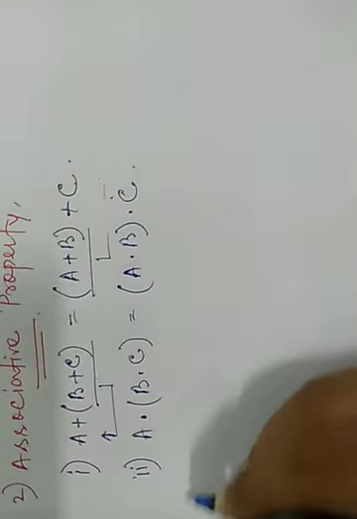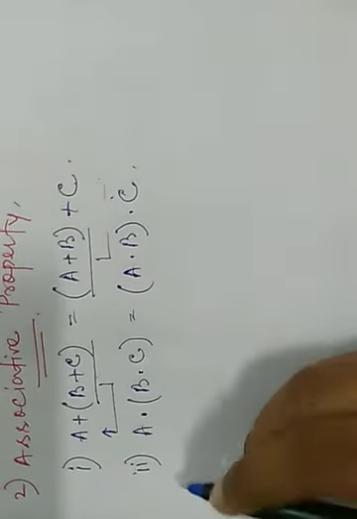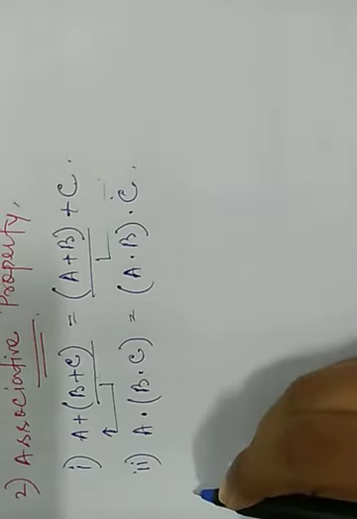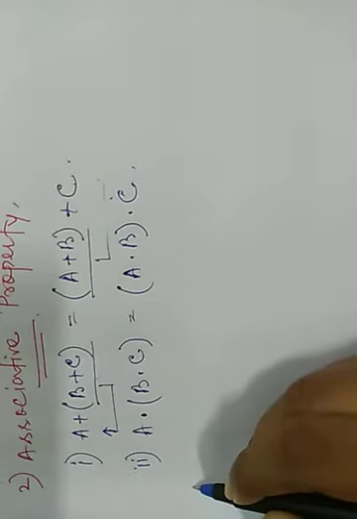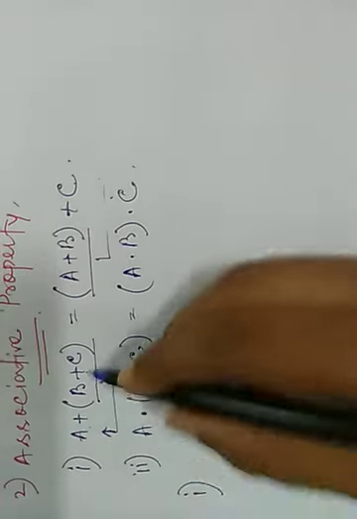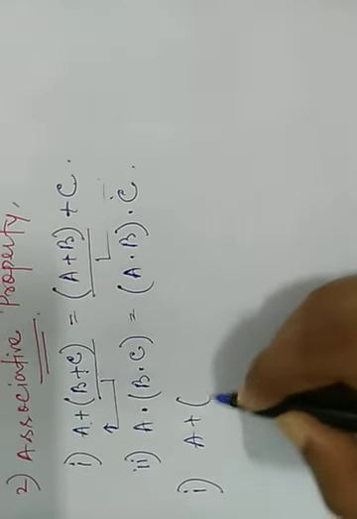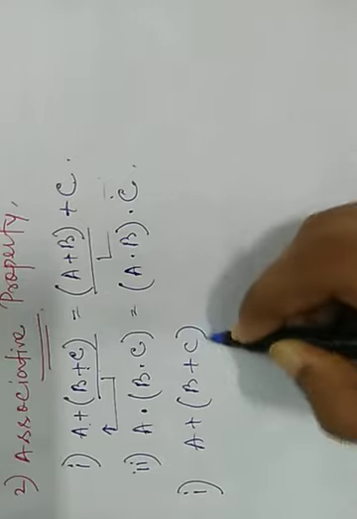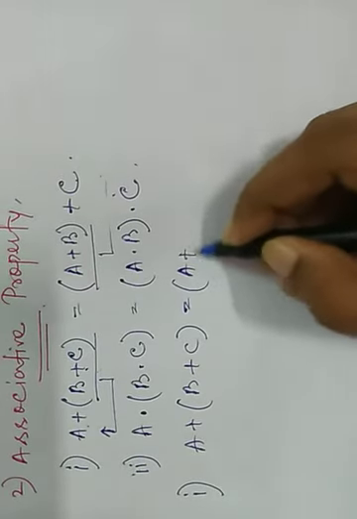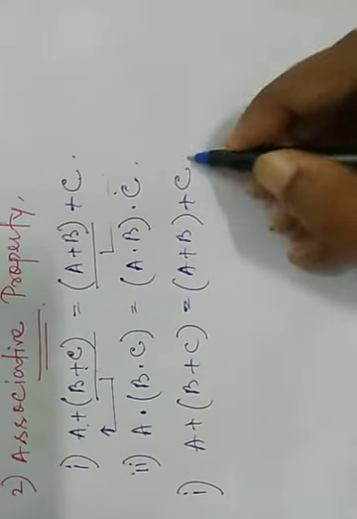Now let us see the proof with an example. Here I am doing one truth table, proving only the first part: a plus (b plus c) equals (a plus b) plus c.